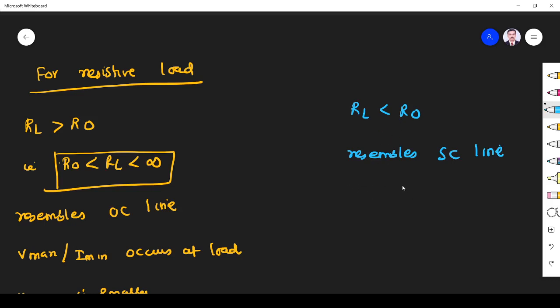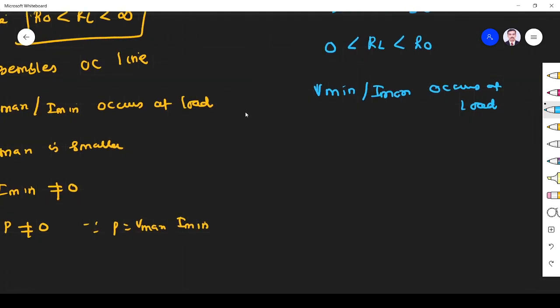So RL must be less than R0, which is the characteristic impedance, so RL lies between 0 and R0. Since it is a short circuit line, I max occurs at load and V minimum. So it is resembling a short circuit line.